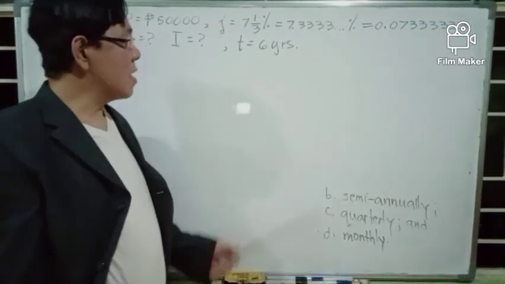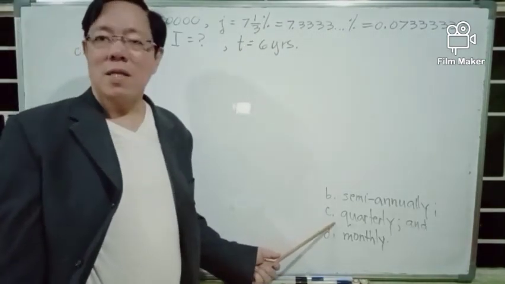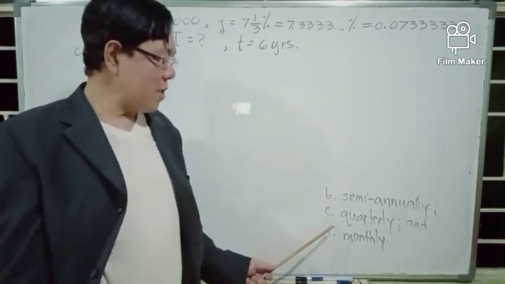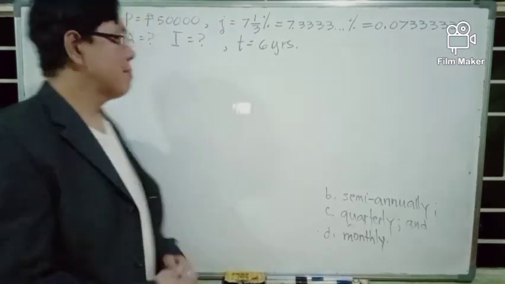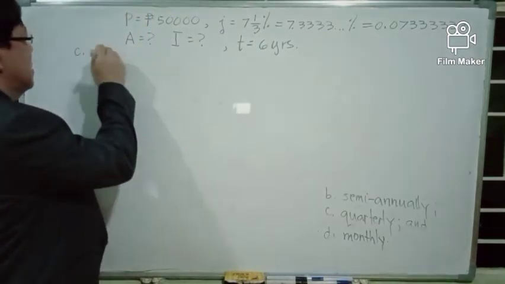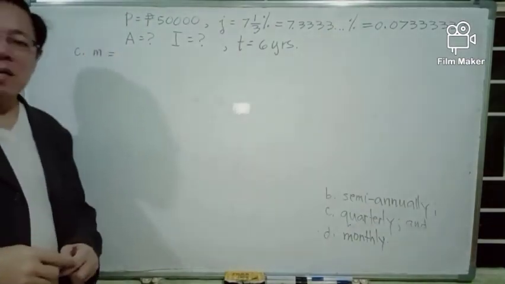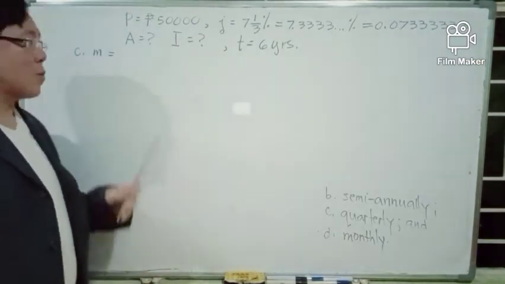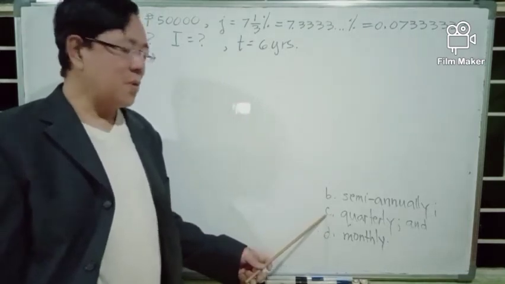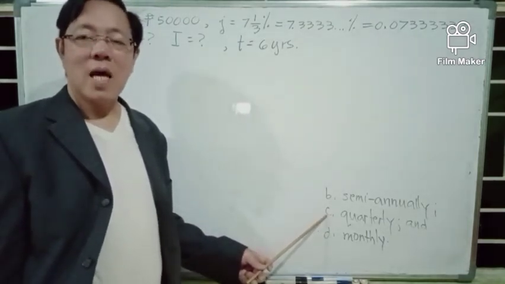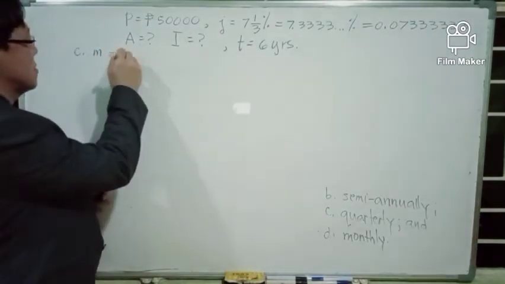This means that interest will be computed 4 times a year, and we take 4 as our M. M is the number of interest computations in 1 year. Compounded quarterly means that interest will be computed 4 times a year, that is every 3 months. M is equal to 4.